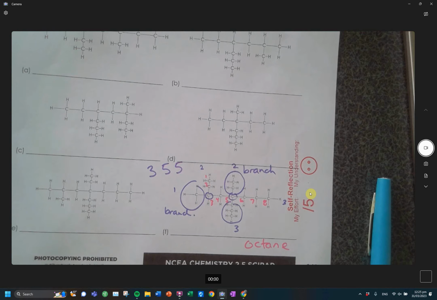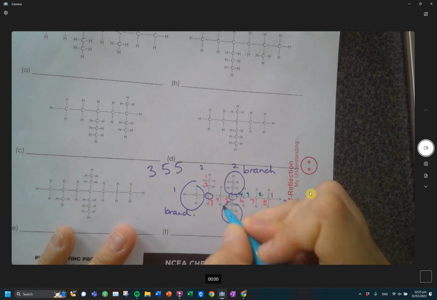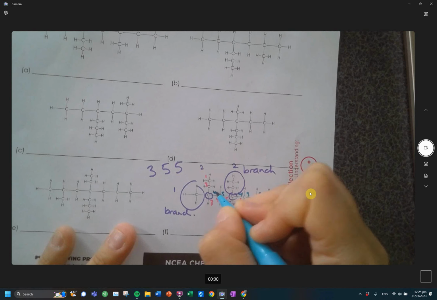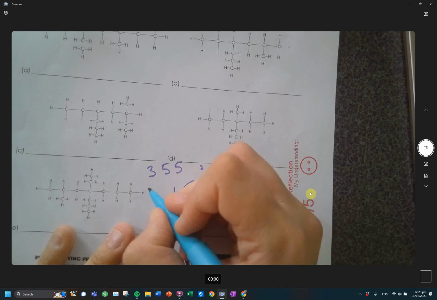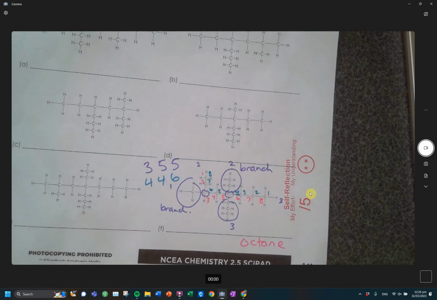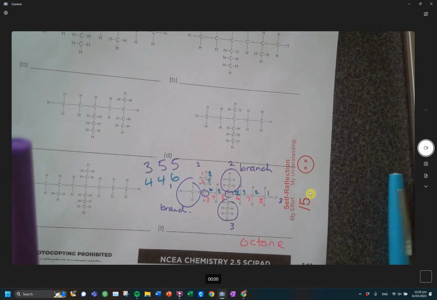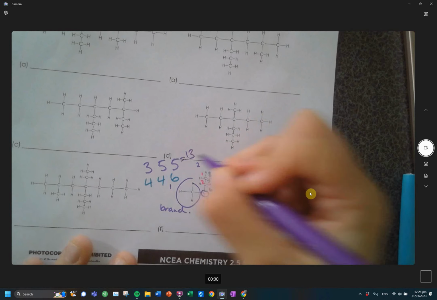That's my first combination. If I number in the other direction, 1, 2, 3, 4, 5, 6, 7, 8, the 2 branches here are coming off carbon number 4. So I have a 4 and a 4, and I have a 6. Let's do the math. 3 plus 5 plus 5 is 13.